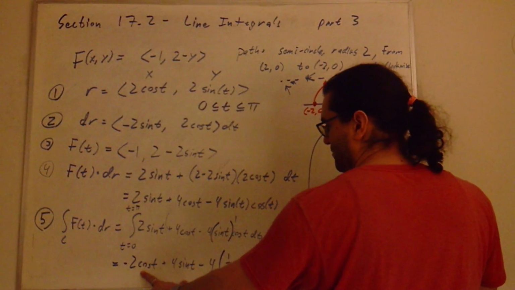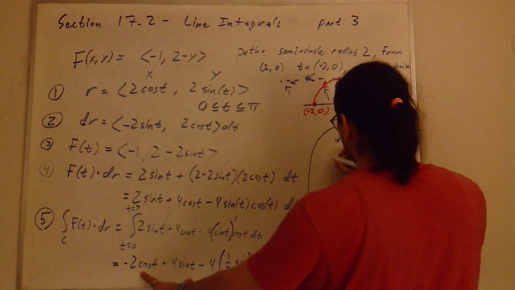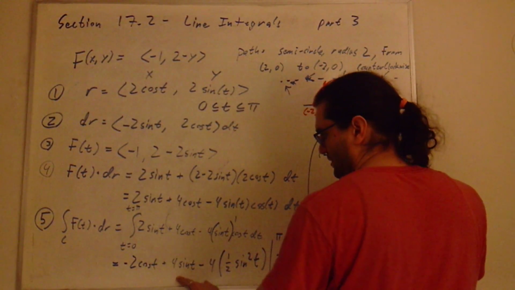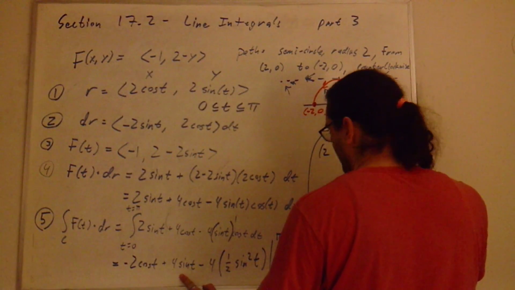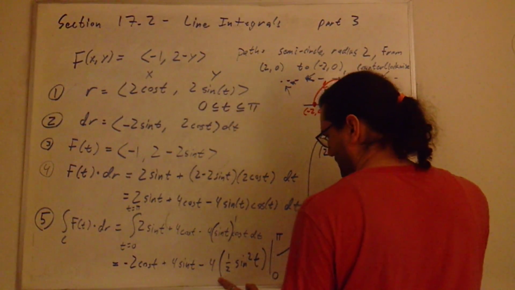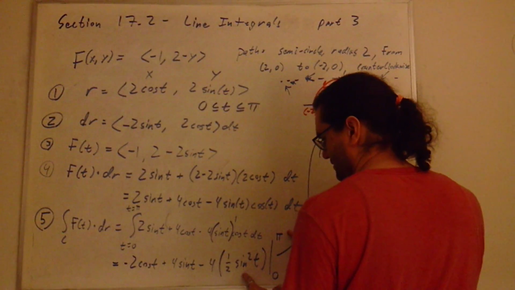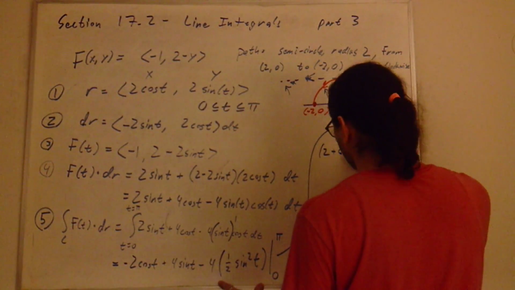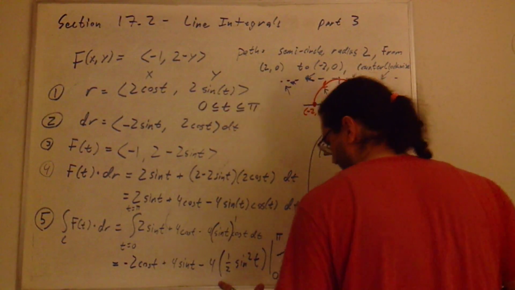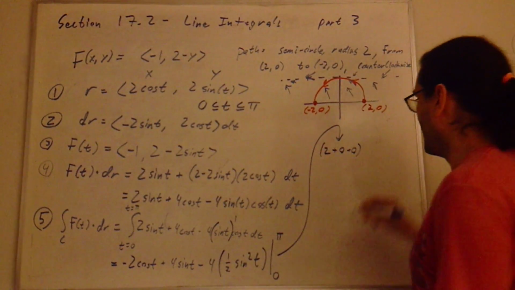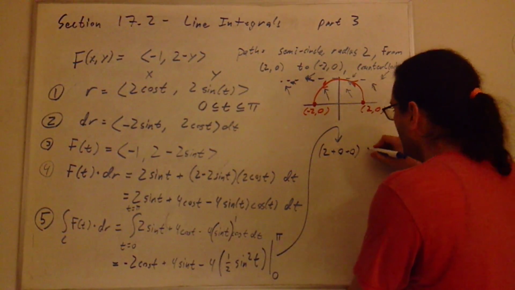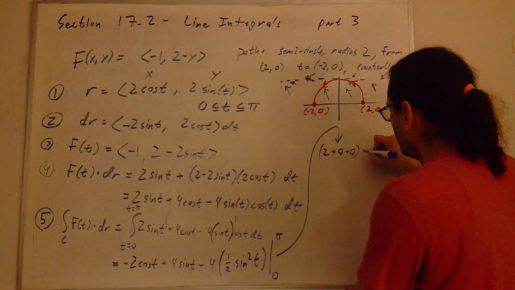-2, the cosine of pi is -1, so this is going to be 2. The sine of pi is 0. The sine of pi squared is 0, so that's all still just 0. Okay. Then we evaluate it again at 0, and we get minus.